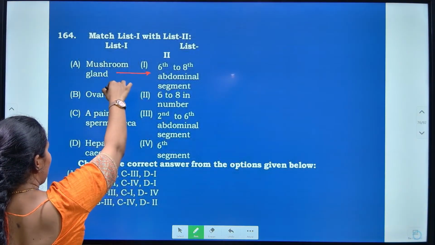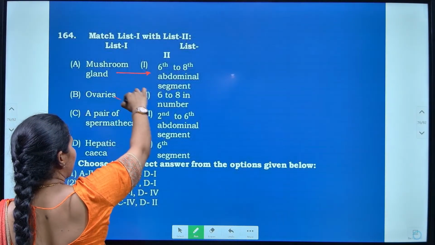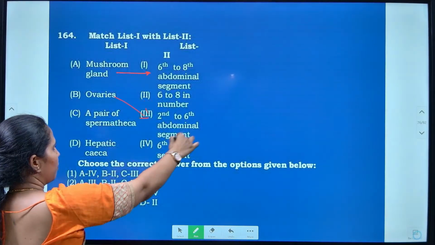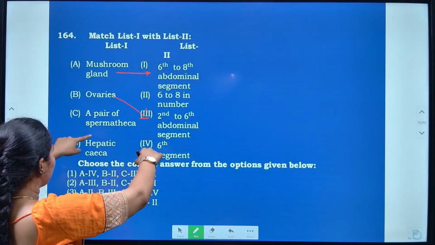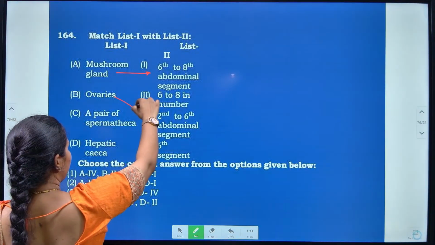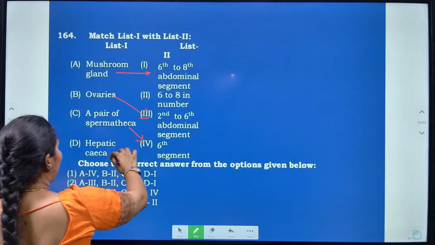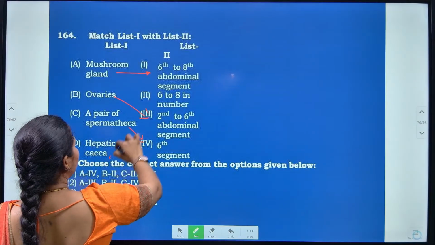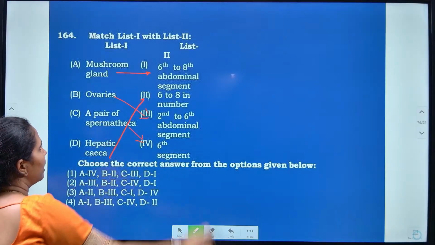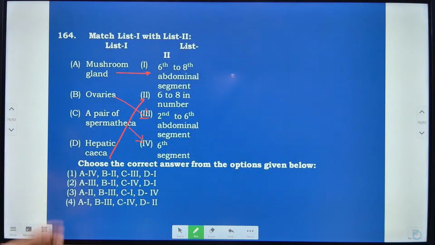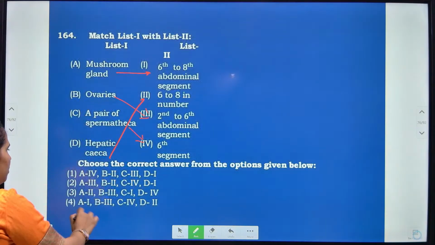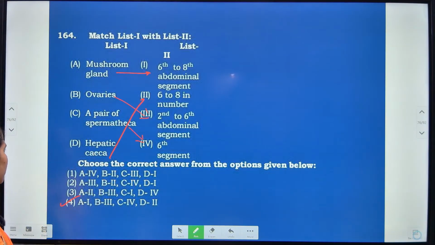The ovaries are present in the 12th and 13th segment. Then the pair of spermathecae are present in the 6th segment. And the hearts are present in 6 to 8 in number. So the right option according to the match is option 4.